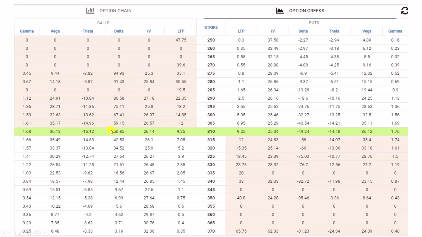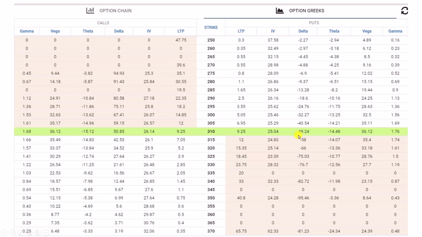Same as this, almost similar, 50.85, 49.24. Or in other words, if the stock price goes up by 100 rupees, I will lose this much in premium, about 50 rupees.